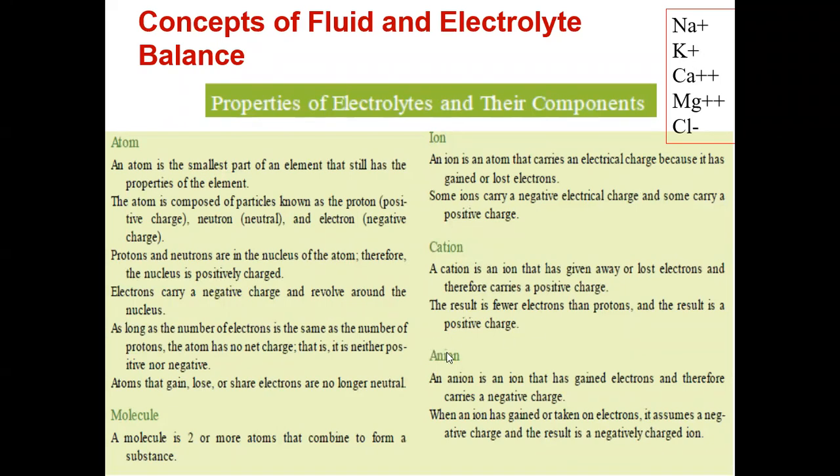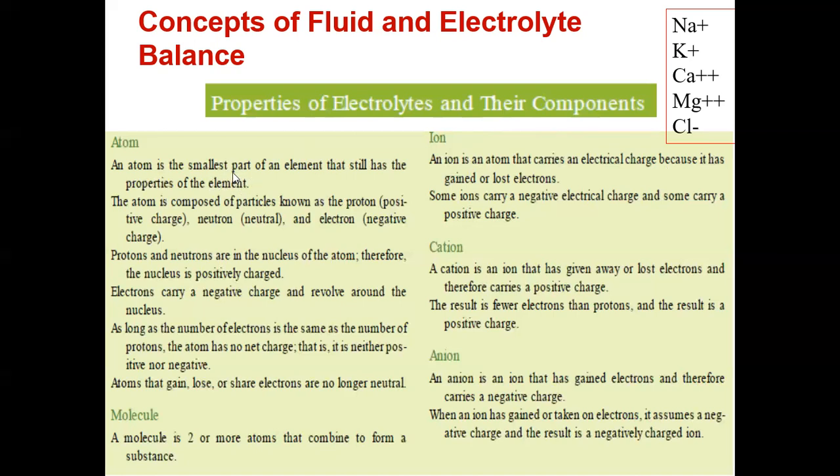So anion and cation, positive or negative, are all ions. An ion is an atom that carries an electrical charge because it has gained or lost electrons. Ions are basically atoms, and an atom is the smallest part of an element that still has the properties of the element.